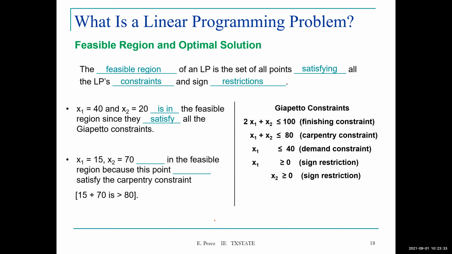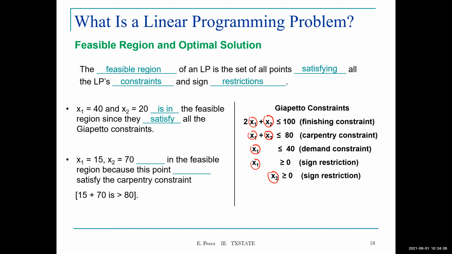What that means is if you input 40 in every X1 and you input 20 in each X2, all these constraints are going to be satisfied, meaning that 2 times 40 plus 20 is going to be less than or equal to 100. 40 plus 20 is going to be less than or equal to 80. 40 is less than or equal to 40, and both of them are greater or equal to 0.